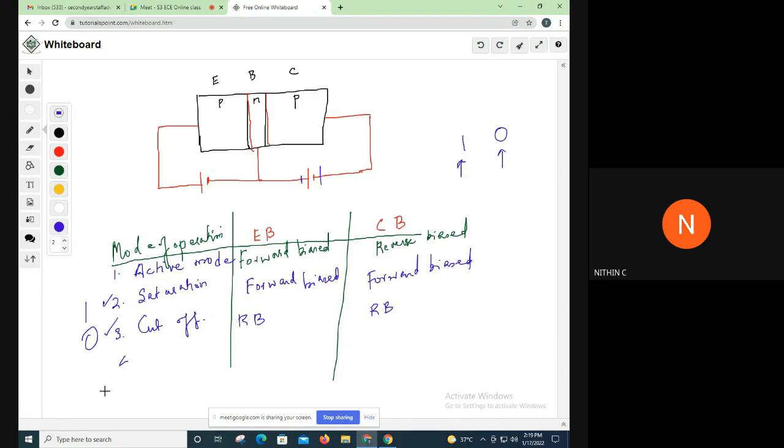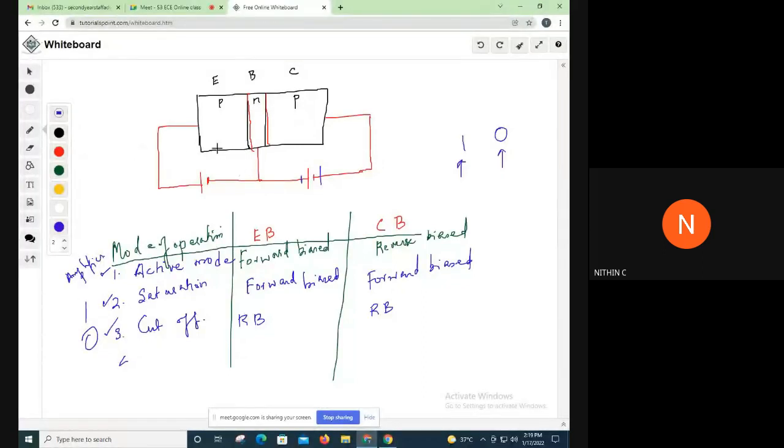And the second application, as Pranav mentioned, is the amplification process. A transistor usually acts as an amplifier in the active mode of operation. Amplifier means what?